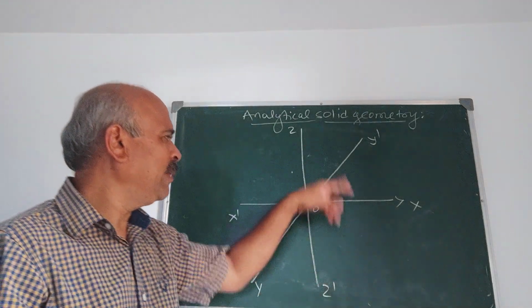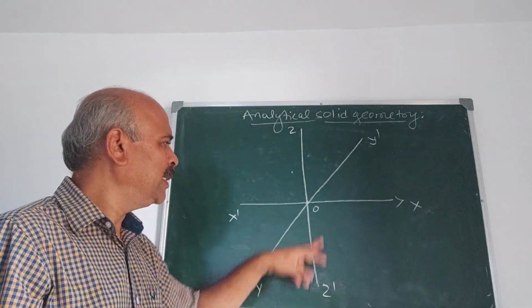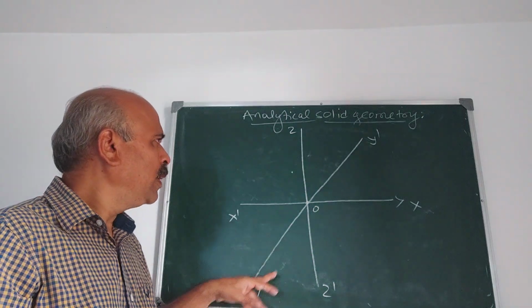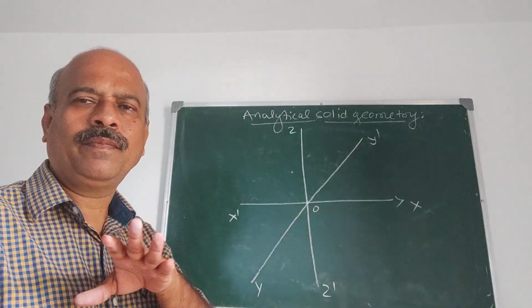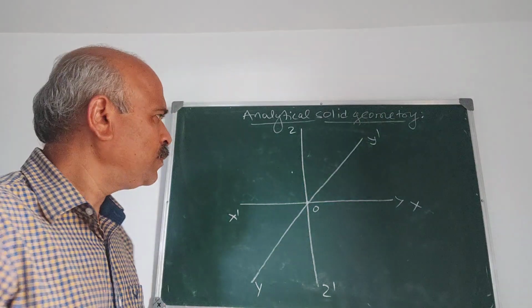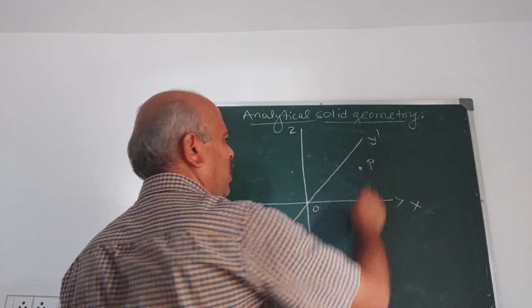So we can imagine three perpendicular lines here: x dash ox and z dash oz are in the plane of the blackboard, and y dash oy is towards us. These are the three perpendicular lines. Now, how to represent the point? Suppose P is a point.